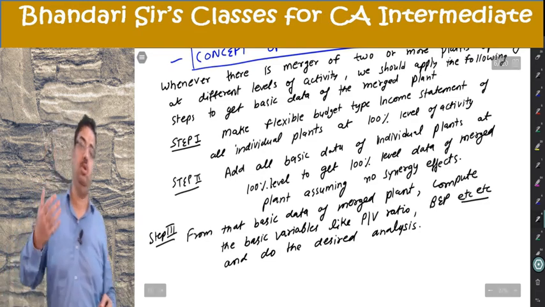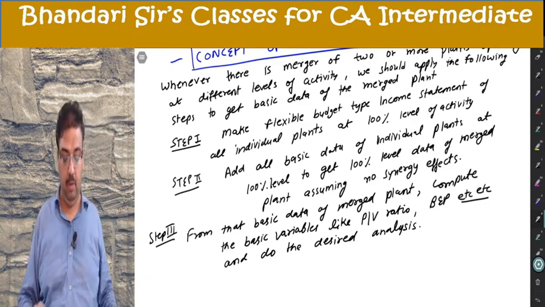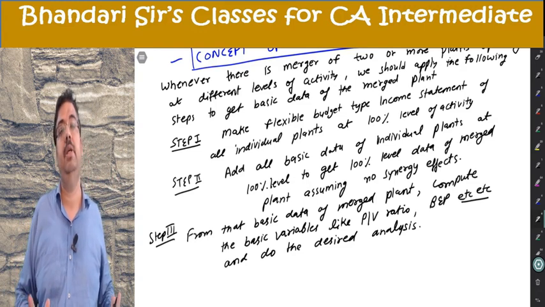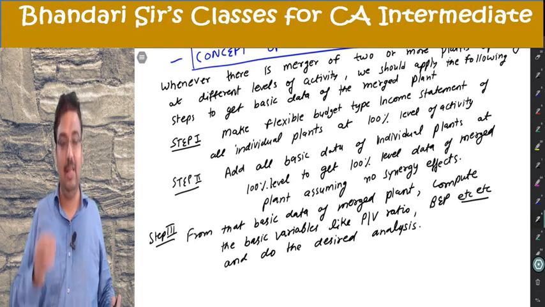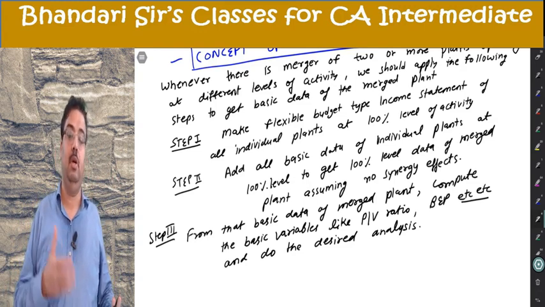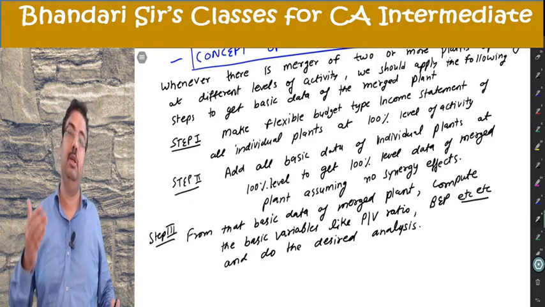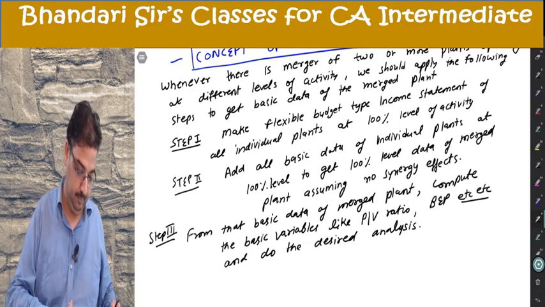Whatever analysis question is wanting you to make, you can get from there once you have got the basic data. Let us apply these 3 steps on the given question, January 2021, question 3A.